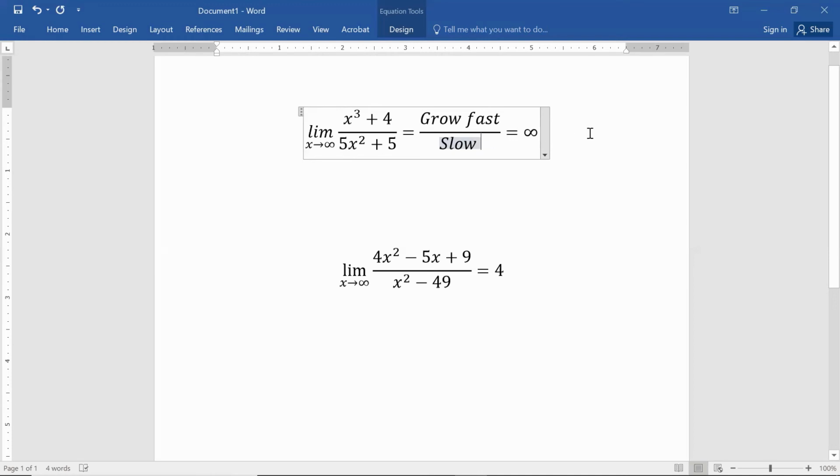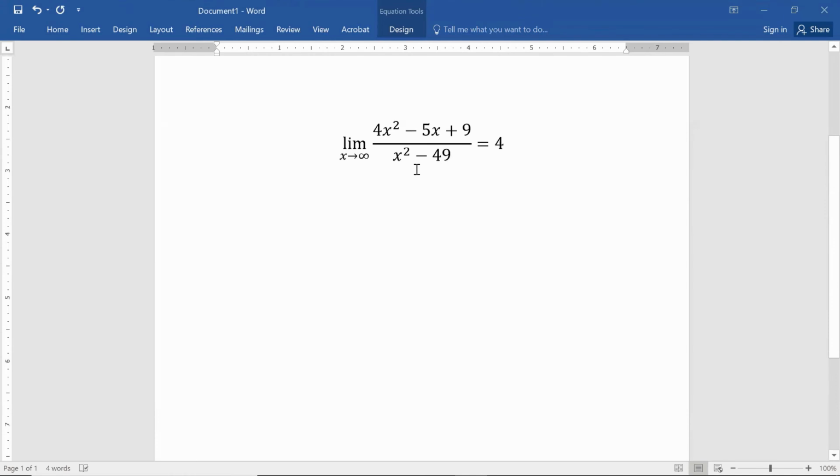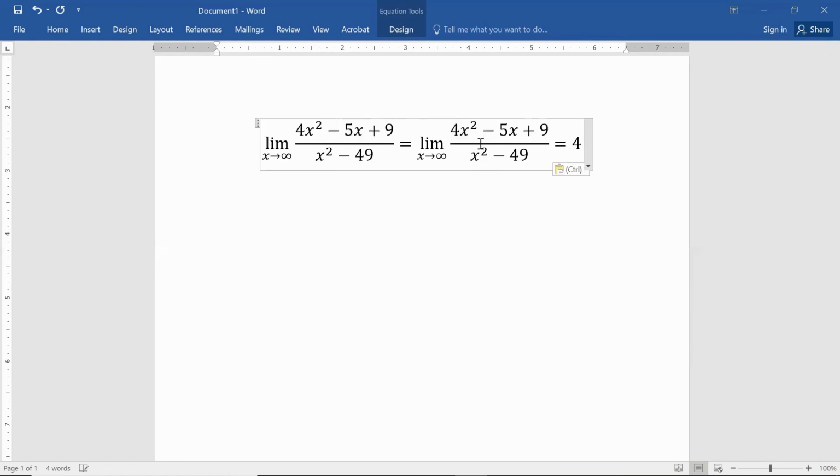Well, what's going to happen when they're growing at the same speed, when both are x squared speeds? Well, when we're growing at the x squared speed, then if you look at the individual terms, the ones that are going to take over and dominate are going to be these largest degree terms.